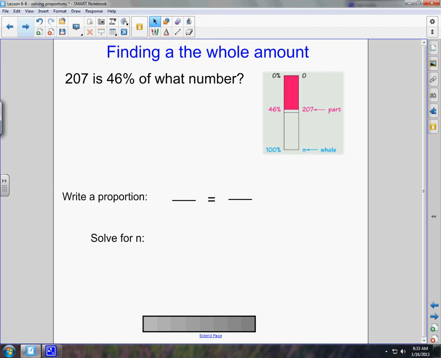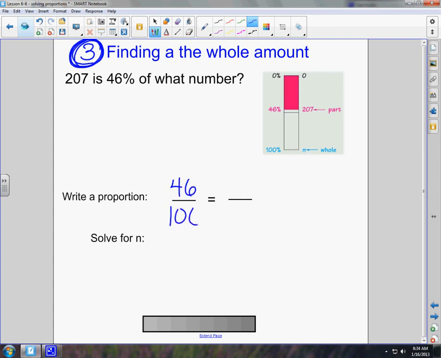Now this is the third way, finding the whole amount. 207 is 46% of what number? They give me a percent, so I'm going to fill that in first: 46 out of 100. Remember, the 100 is always there. I can look at my graph and see that 46 is directly across from 207, so 207 goes on top, and I don't know the whole amount.